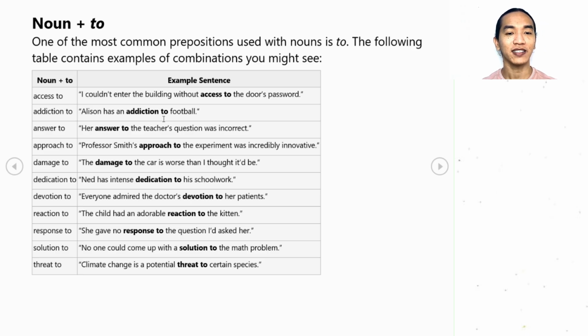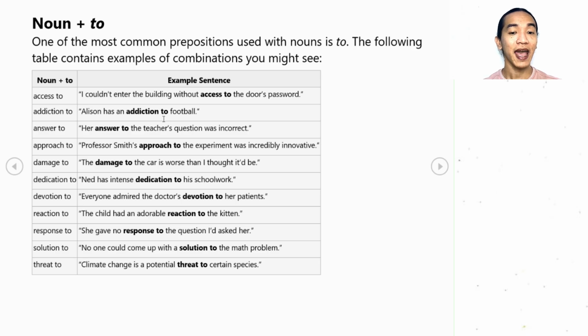Okay. Addiction to. Allison has an addiction to football. Answer to. Her answer to the teacher's question was incorrect. Approach to. Professor Smith's approach to the experiment was incredibly innovative.